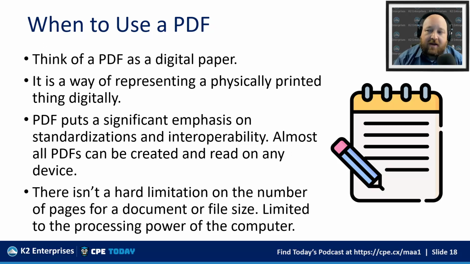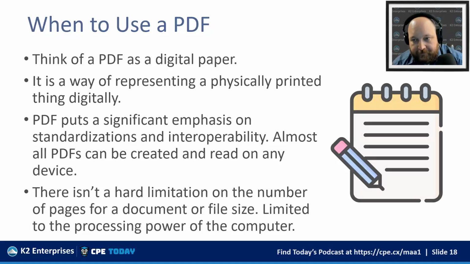Likewise, if you had a big document that was 100 megabytes and you wanted to split it up into 5 20 megabyte files, you can also do that. And I'll show you that in a future episode of how you can split these different files apart from each other. But in terms of hard limitations on how big or how many number of pages you can have, not a problem at all.